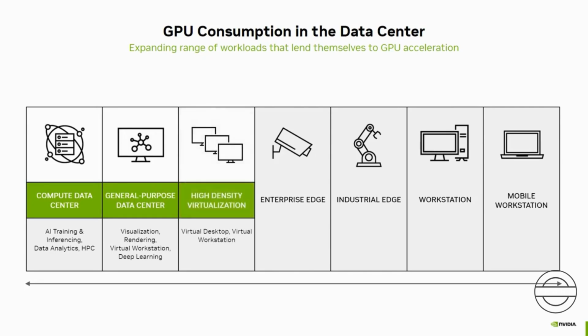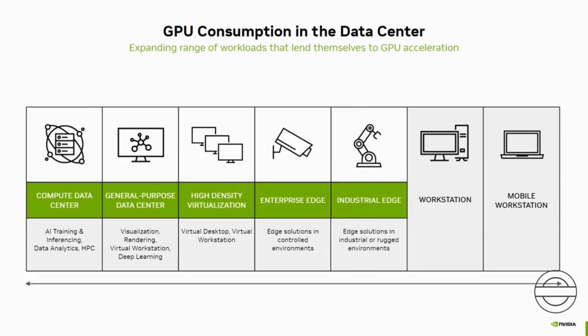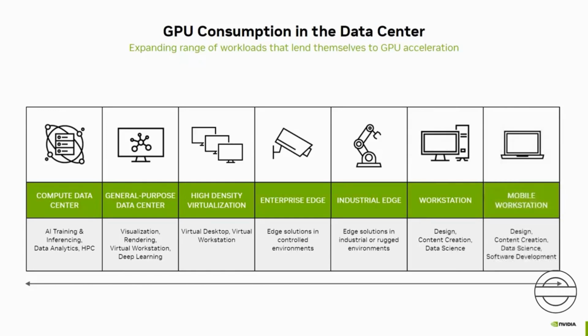High-density virtualization through solutions like virtual desktop and workstation. Enterprise edge solutions in controlled environments. Industrial edge solutions within industrial or rugged environments. Desktop workstations that support design, content creation, and data science workloads. Mobile workstations that facilitate design, content creation, data science, and software development workloads.